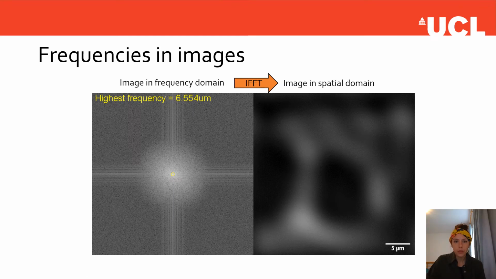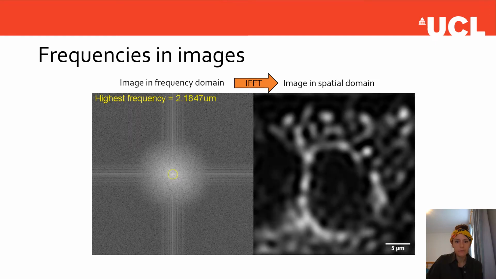Okay, so here I have our Fourier image, and what I've done to begin with is an inverse fast Fourier transform of only the frequencies within this circle. So at highest frequency, 6.51 over micron. And if I do that, you can see, yeah, indeed, this is the big fat structures. This is the low frequency information.